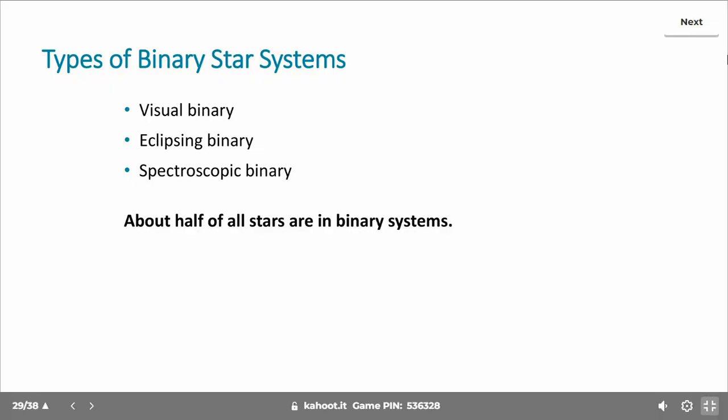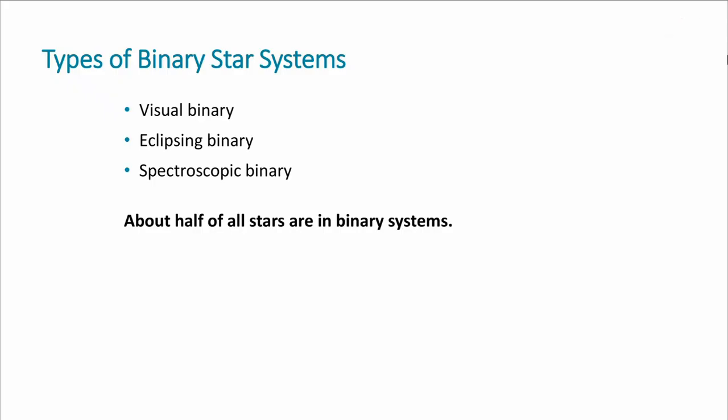So there are 3 different ways that we can detect binary star systems, and about half of all stars that we detect are in binary systems. We could have evolved on a planet that, instead of orbiting one star, was orbiting 2 stars, and you could imagine the different sunsets and sunrises you might get in that kind of system.